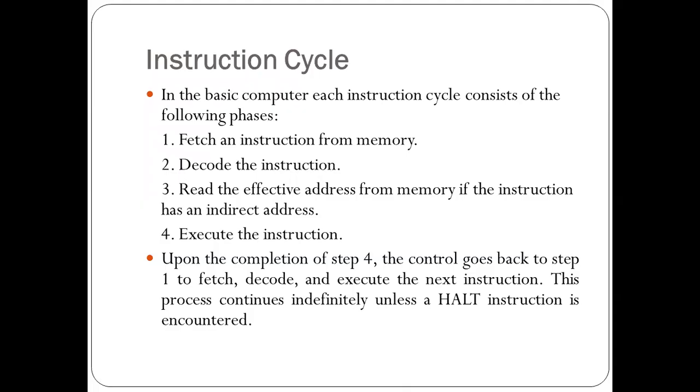So initially you have your program in memory, and that has to be executed by your computer. We will mention the first instruction address, which is copied initially into the PC. The program counter will hold the address of the first instruction.